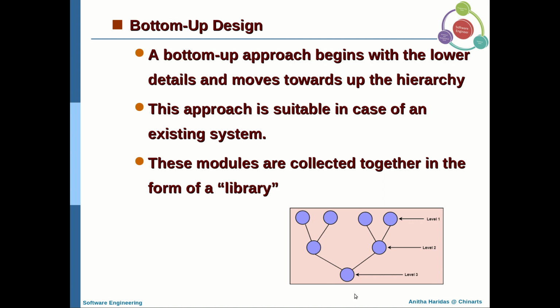So this is the highest level and these are the lower levels. Now this is a very common approach which is used to identify modules that are required by many different programs. These modules will generally be collected together in the form of libraries, and the bottom-up approach is suitable in the case when you have an existing system.